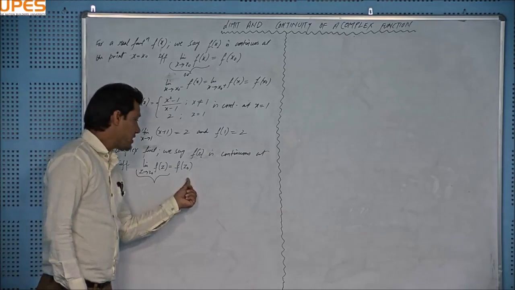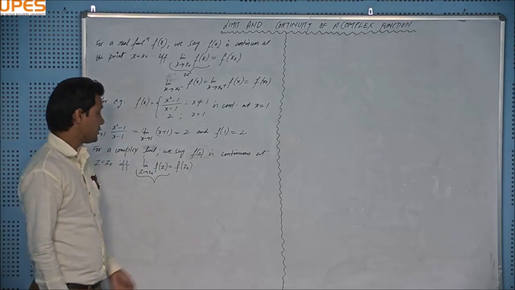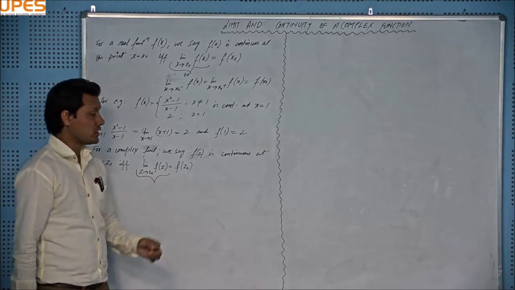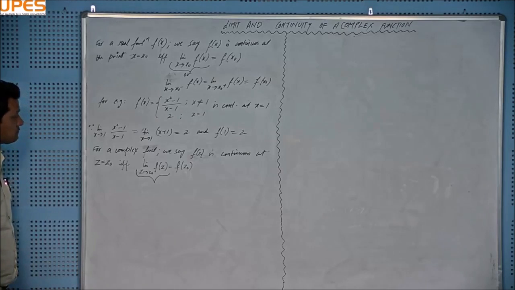The function should be defined at the point z equal to z naught, and if it is defined there, and if those two values are equal, then we call it a continuous function at the point z equal to z naught, right?